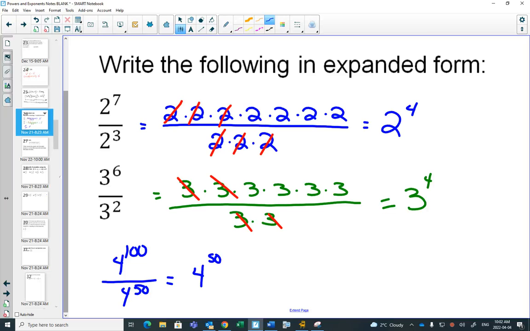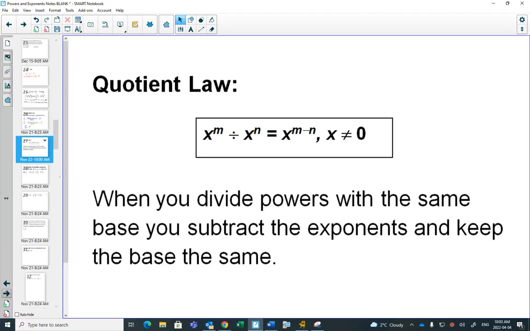So the quotient rule says, and it's right here on the next page, that when you're dividing, and you could write the dividing that way, but as you get higher in math, you write dividing more like a fraction. If you have x to the m divided by x to the n, where m and n are numbers, all you have to do is subtract the exponents because a bunch of them will cancel out.